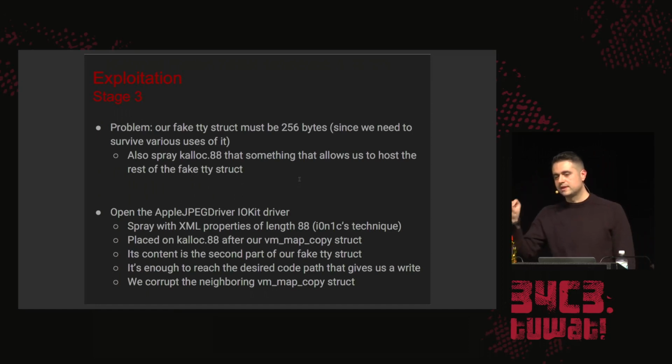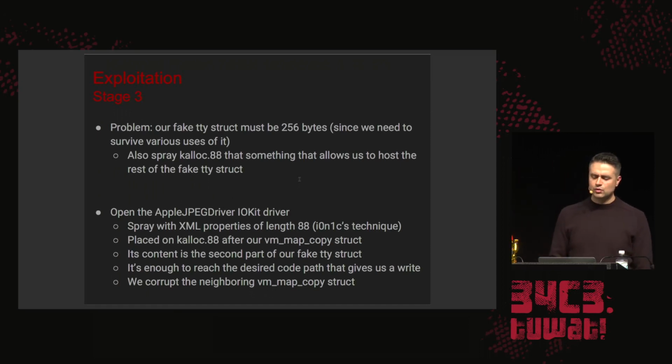of two controlled things. Now, I couldn't use VMAP copy structs for both these slots, because the VMAP copy struct has a header, right? So it would mess up my fake TTY struct. So by reading Ionic's kernel heap exploitation slides, I realized that I could spray the heap with XML properties of length 88 from that Apple JPEG driver.